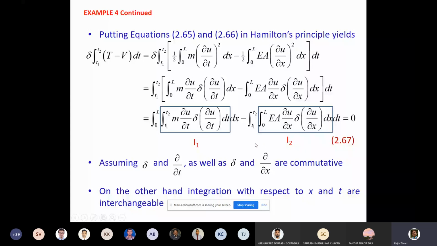Here I already mentioned that the variational operator and the differential operator we can interchange, and even delta and delta by delta x we can interchange. Even the integration operations we can interchange without any difficulty.